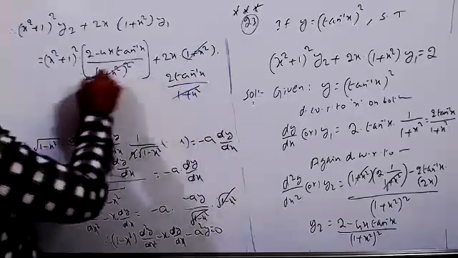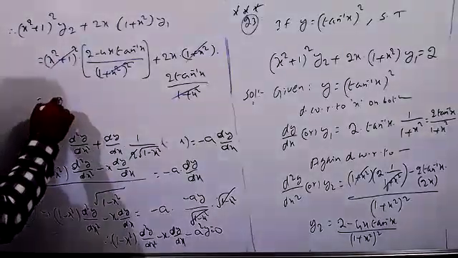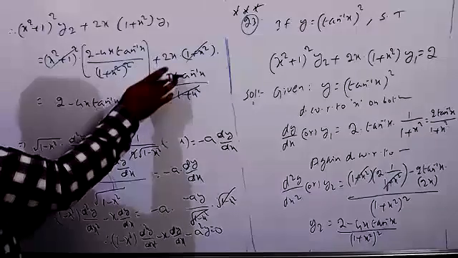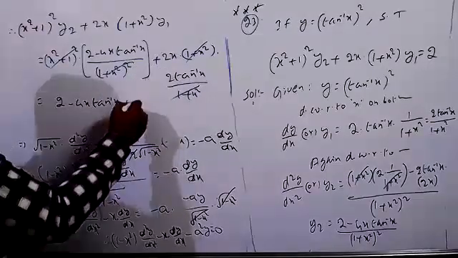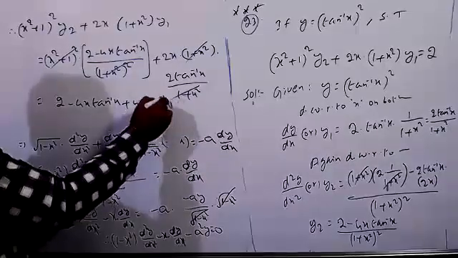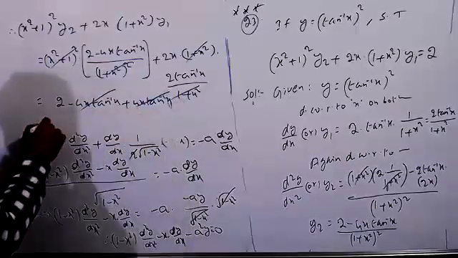And these two also cancel now. So 2 minus 4x into tan inverse of x, and plus into plus is plus, 2 2s are 4x into tan inverse of x, and these two also cancel. It is equal to 2.